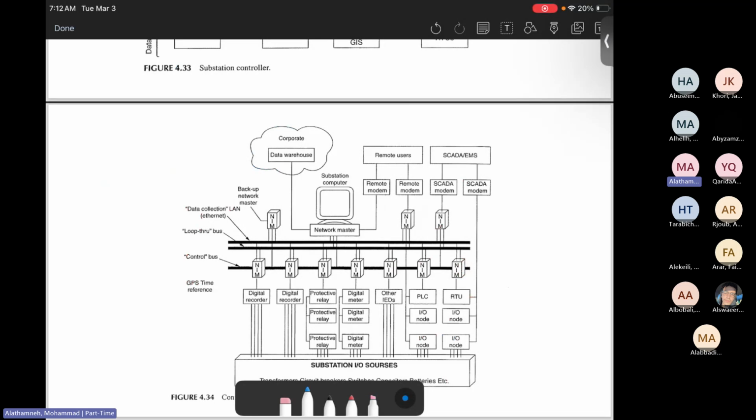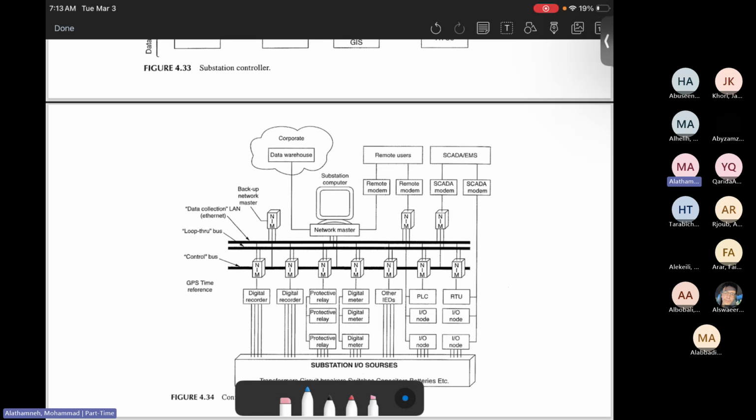Then in the next lectures, we will talk in deep detail about the isolator, the circuit breakers, the bus bars, the transformer, CT, VT, how the CT looks inside, how the power transformer looks inside, how the VT is inside, how the circuit breaker is structured, which types of circuit breakers we can use, which types of substations, etc. There are many things that we will talk about within this course.